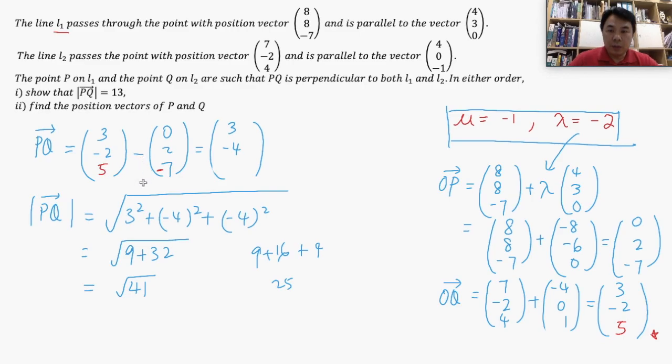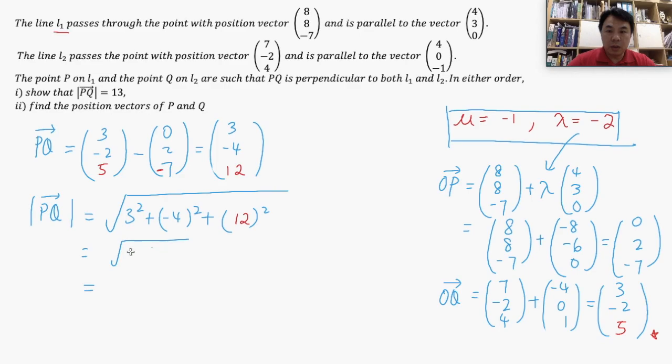So 5 plus 7 is 12 here. I'm trying to rectify all my computation mistakes here. If you have a calculator, it will be safer. Okay, so there will be a 12.